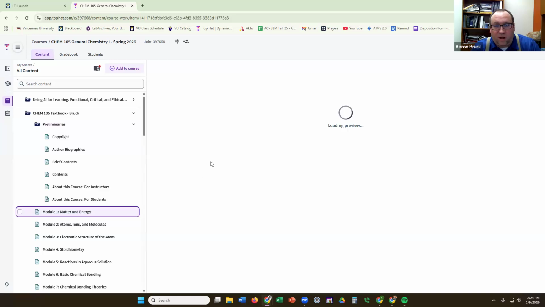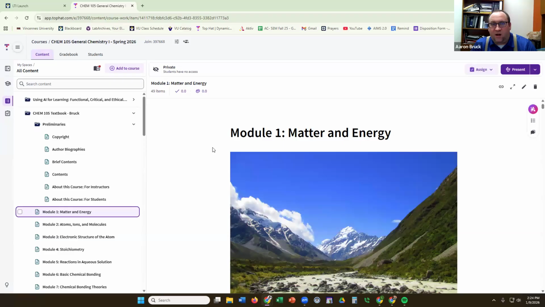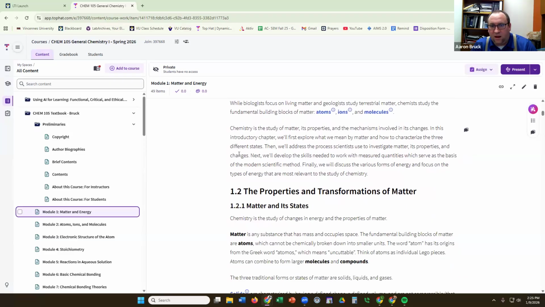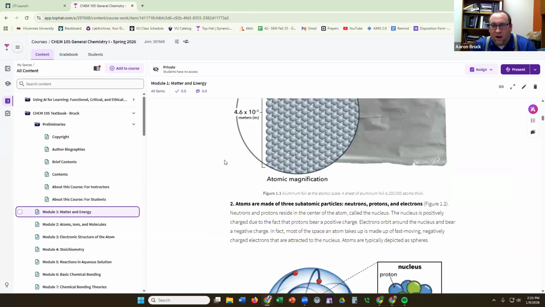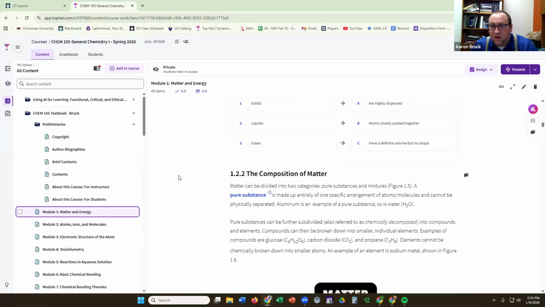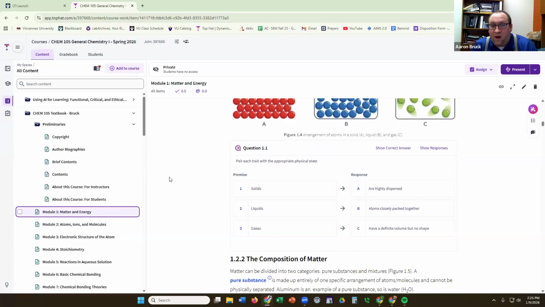And then chapter one, unit one, matter and energy, here's your textbook on it. One of the things I like about this textbook is, it's put together pretty well, but it also has questions embedded in it.